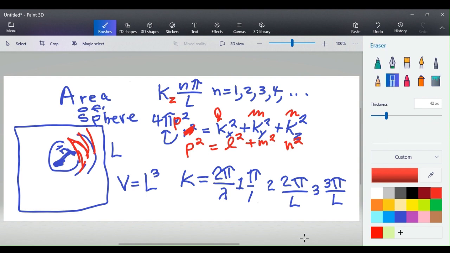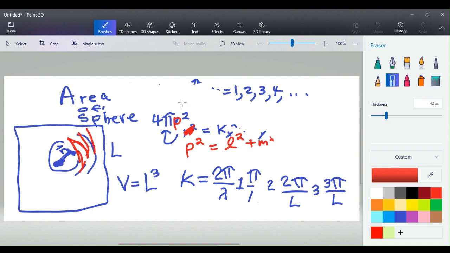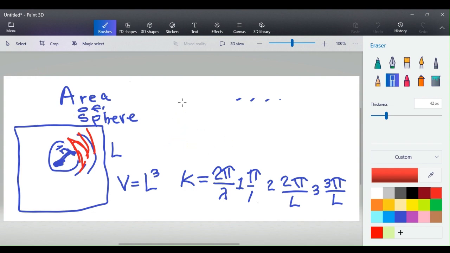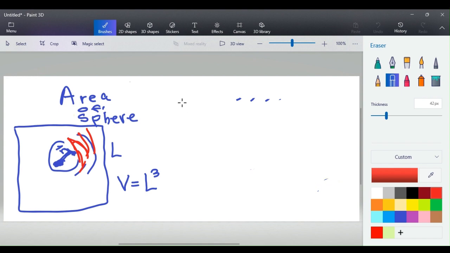And the nice part is that I'm willing to accept my mistakes. Okay, let's get rid of that. I guess we'll stick with red for a while because this is the new stuff. Area of a sphere is still up there for grabs.